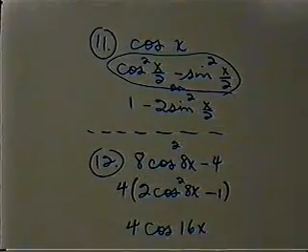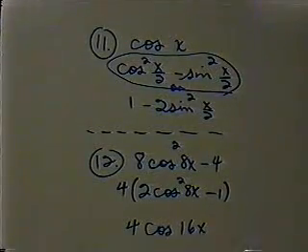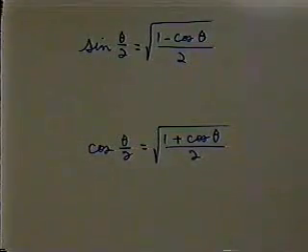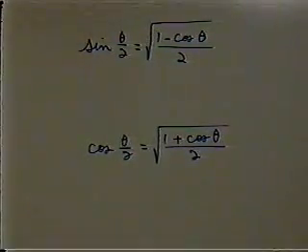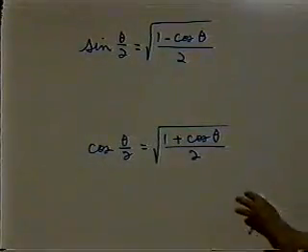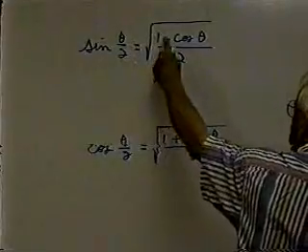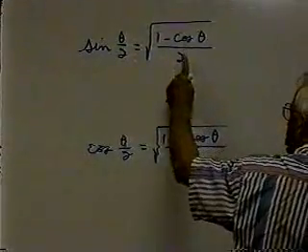Now let's look at some examples dealing with the half angle formula. All right, these are called the half angle formulas. Now here's what I want you to notice about these. The sine of an angle is equal to square root of 1 minus cosine over 2. Listen to that.